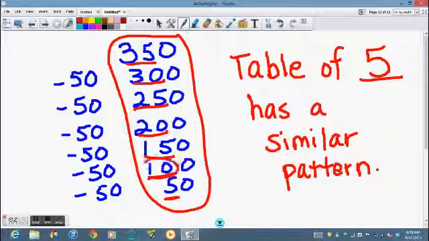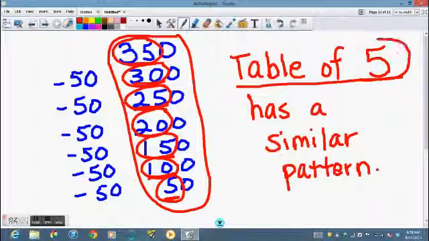Alright, so on your last page of homework, let me write down what your homework is first. Your homework is going to be on page 15 and 16. And on that last page, there's going to be something called a repeated subtraction game.